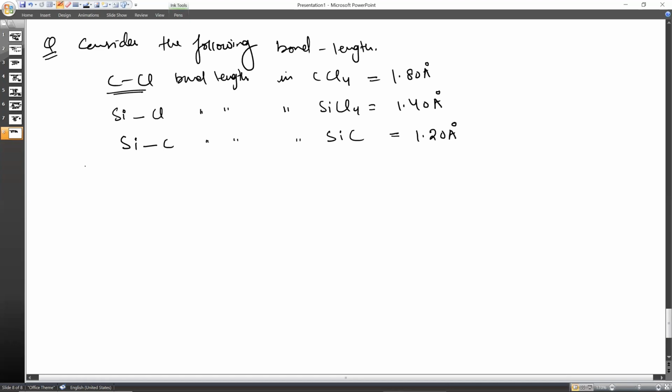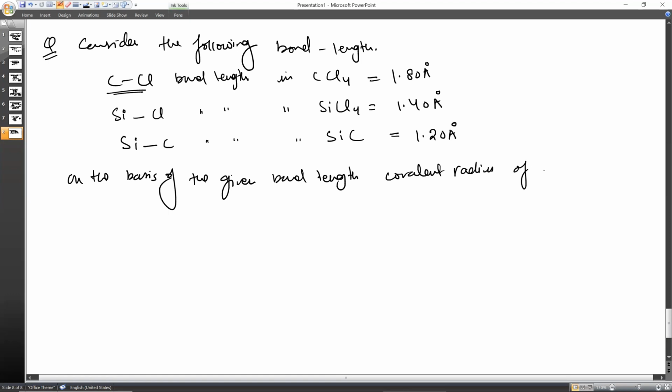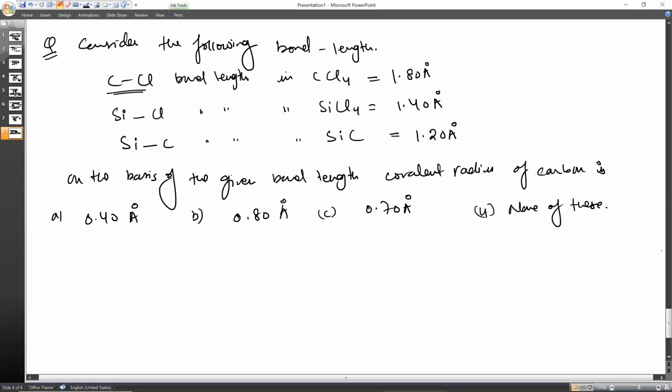On the basis of the given information, the covalent radius of carbon is, tell me, option A 0.40 angstrom, option B 0.80 angstrom, option C 0.70 angstrom, and fourth is none of these. Tell me which one is correct.